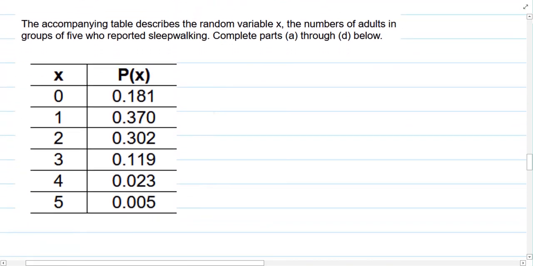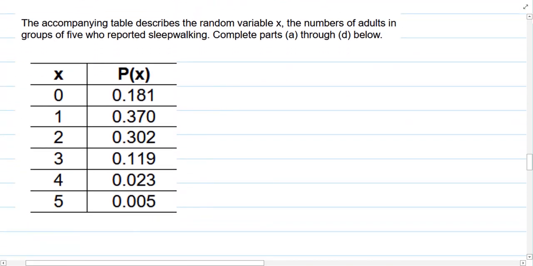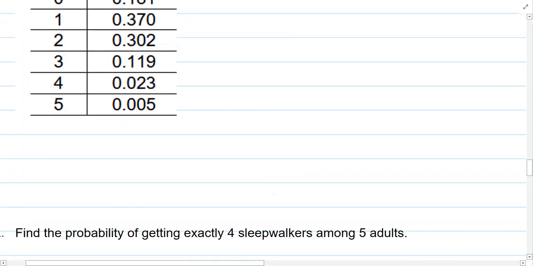So here, we have an accompanying table. It describes a random variable x, the number of adults in groups of 5 who reported sleepwalking. So we've got 0 through 5, and we're talking about the probability.